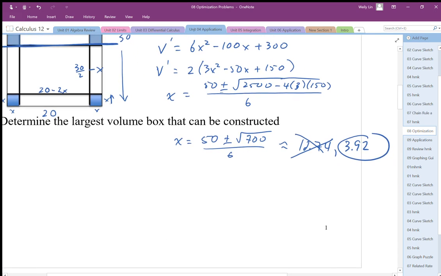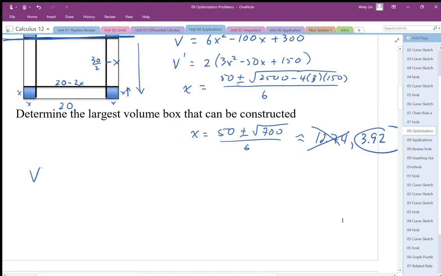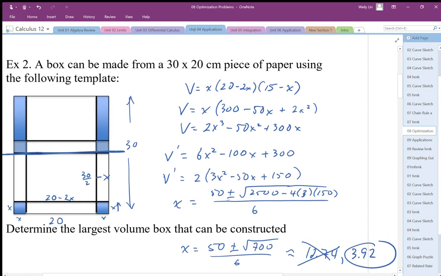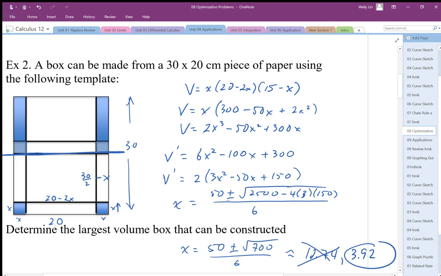I still need to solve for the problem. So the volume of the largest box, if I plug it into my formula, I'm going to get 3.92 times 20 minus 2 times that, and then 15 minus 3.92.